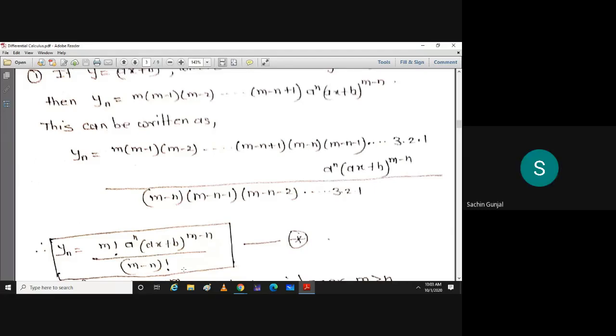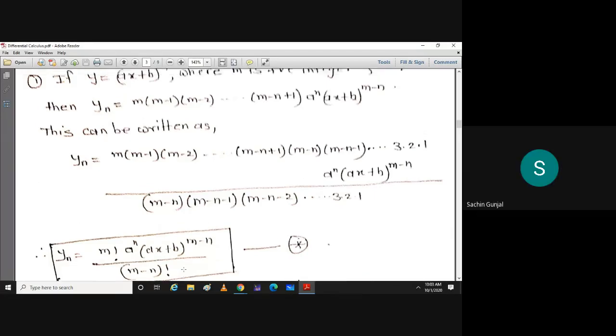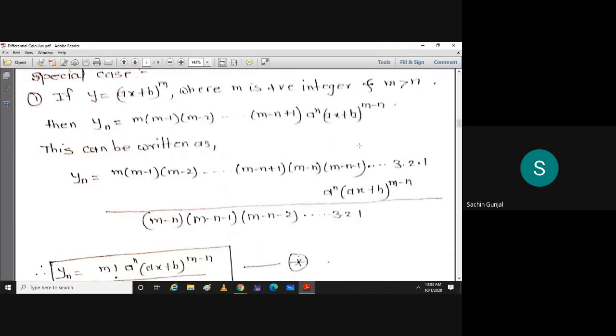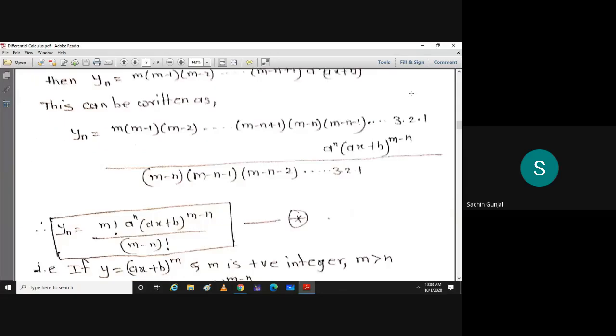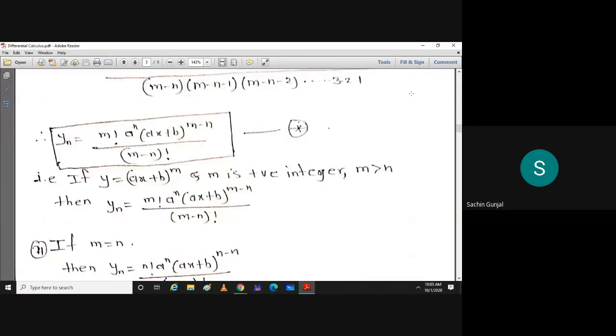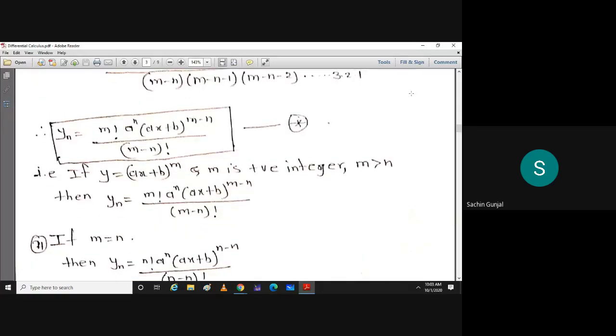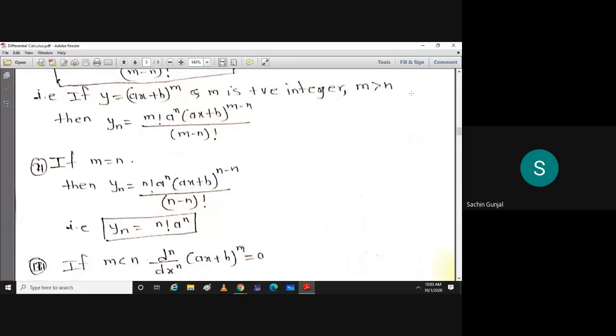Fine. So I hope you have copied this formula for ax plus b raised to m, where m is positive and m is greater than n. What about m equal to n? What will be the nth derivative?